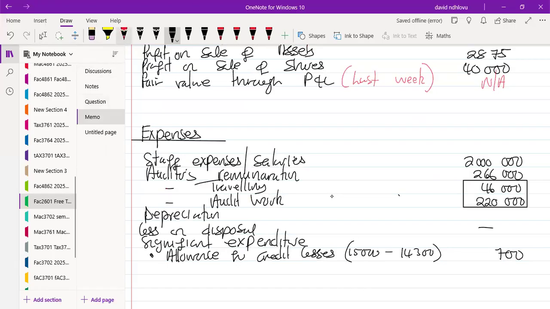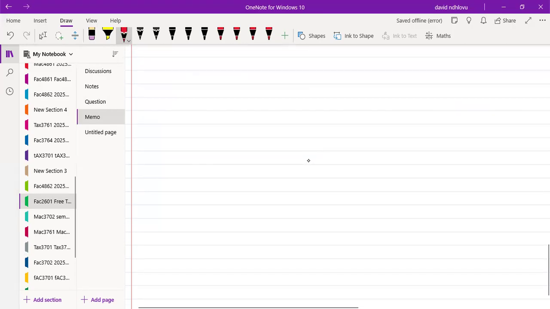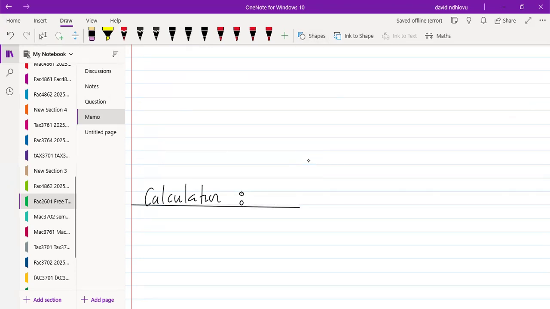Right, then this one you have got to calculate. This is depreciation. Depreciation will always require a calculation most of the time at this level. Let's look at the information that we have with regard to the depreciation.